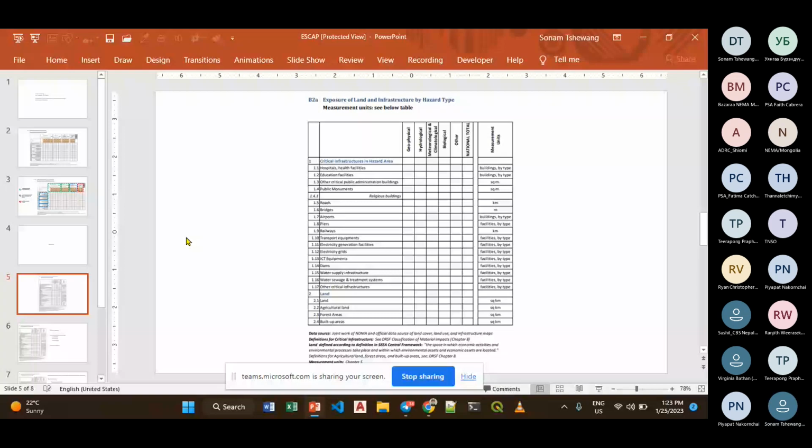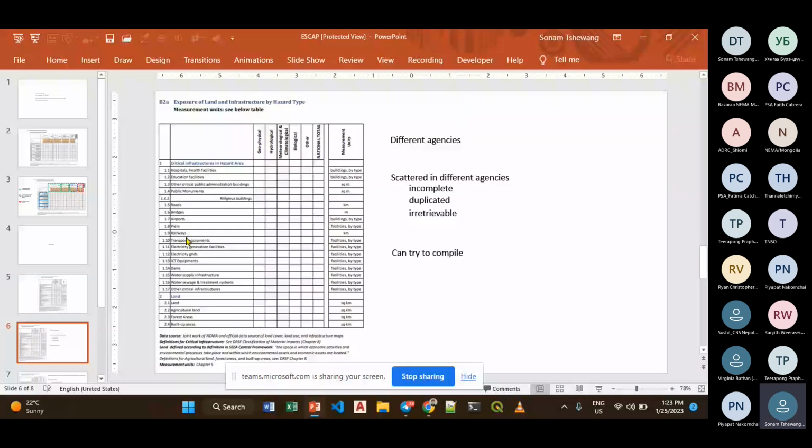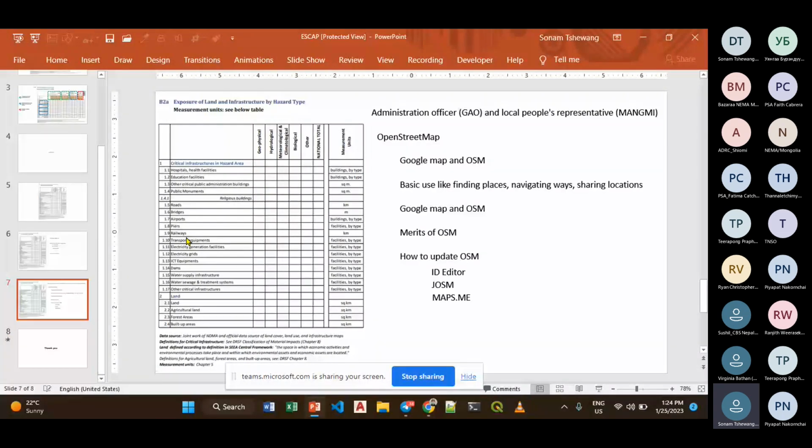When scattered in different agencies, those data can be incomplete, sometimes duplicated, and not easily retrievable. Of course, we can try to compile them, but from our department side, whenever we get some funding, we go to the smallest administration level.